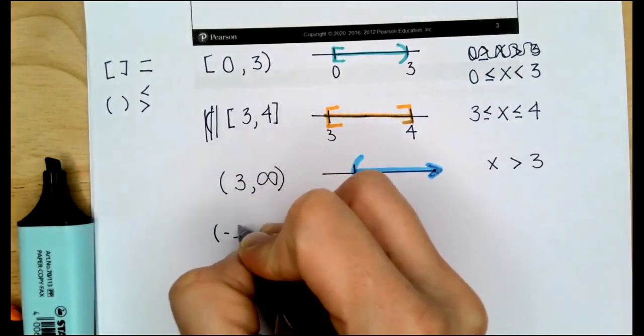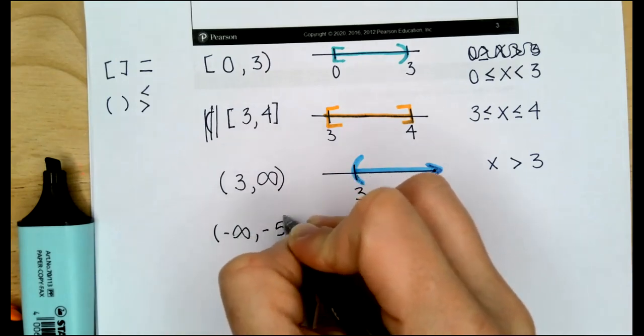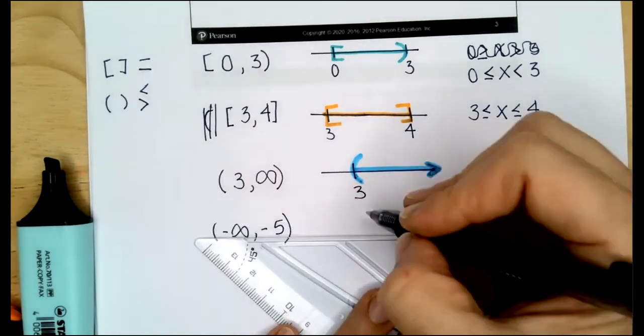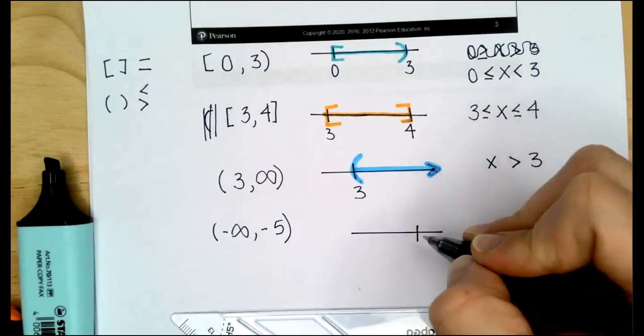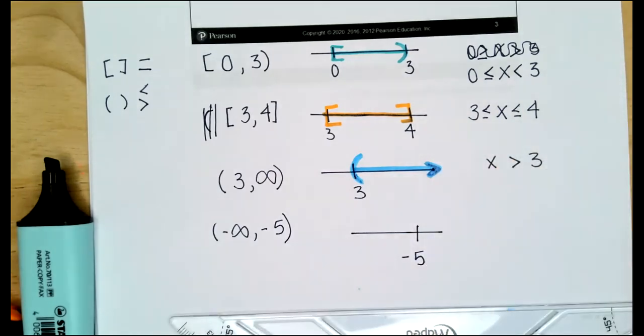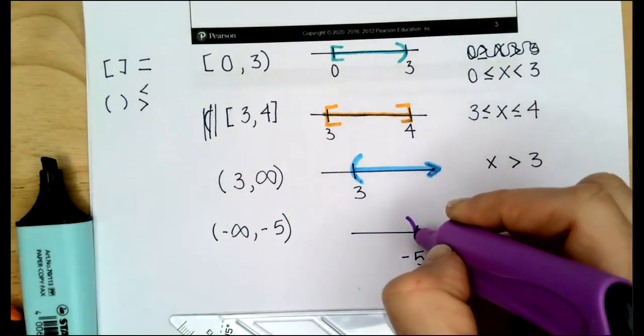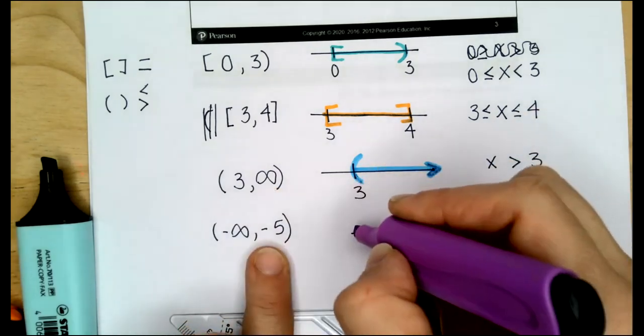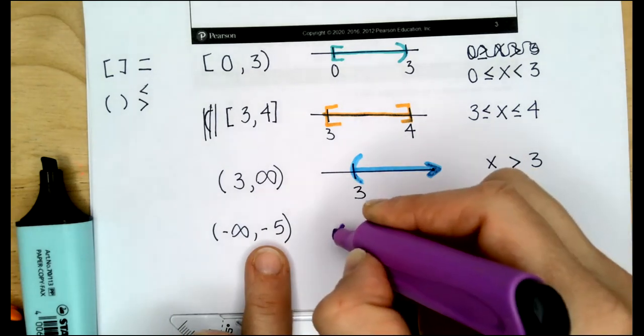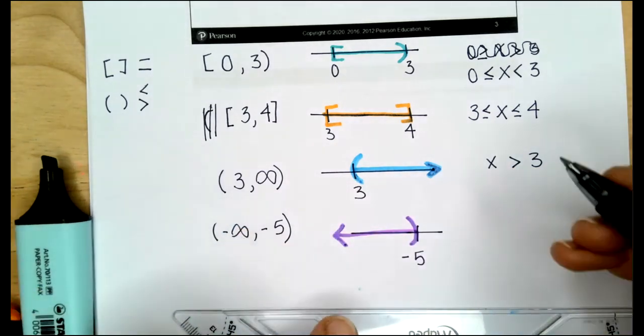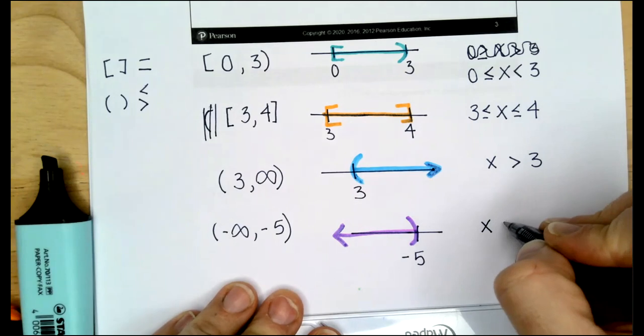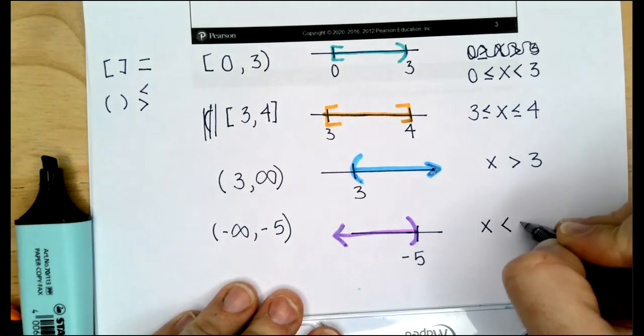And then we have negative infinity to negative 5. It ends at negative 5 with a bracket, and it starts at negative infinity, which is just an arrow in that direction. So we're going to say x is everything less than negative 5.